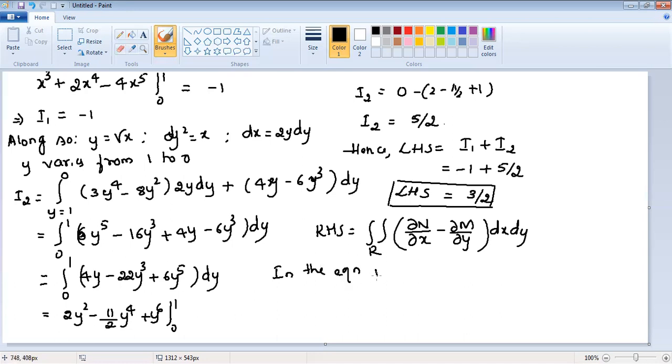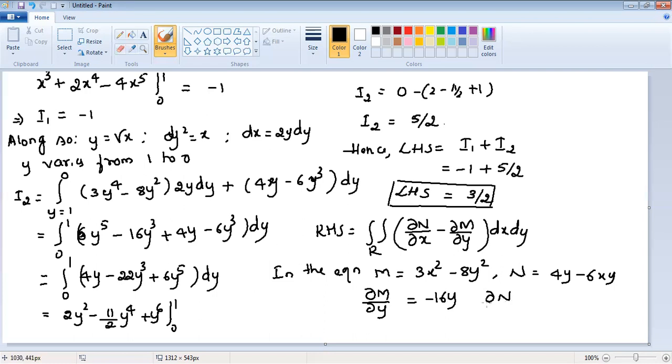In the equation, m is 3x square minus 8y and n is 4y minus 6x. If you want, you can calculate it before only. We need dou m by dou y, differentiate partially with respect to y. So it is minus 16y and dou n by dou x is minus 6y. Right? So you use them.